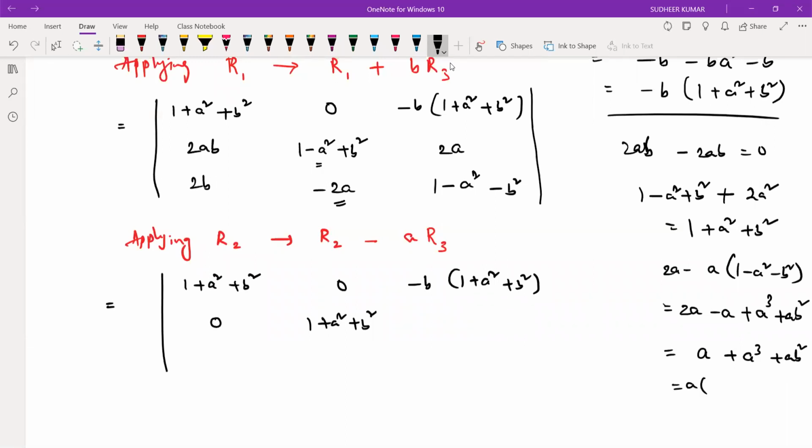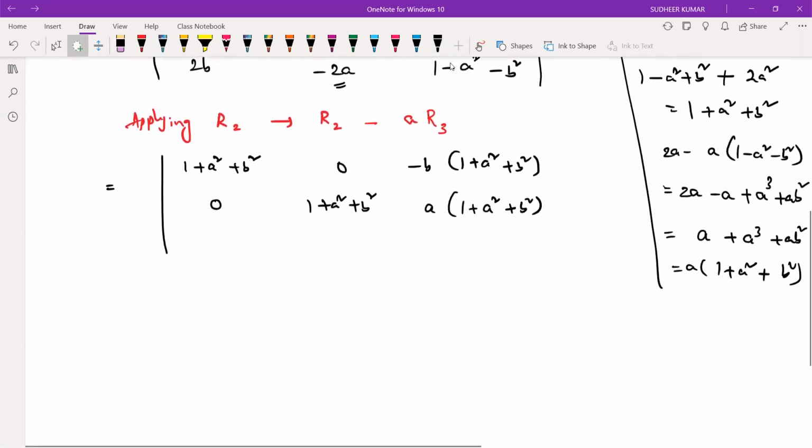From this A take common. So 1 plus A square plus B square. So this is A times of 1 plus A square plus B square. If you show this part also, it's good.